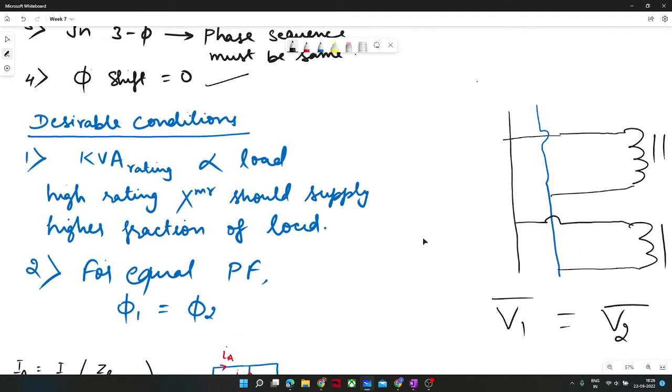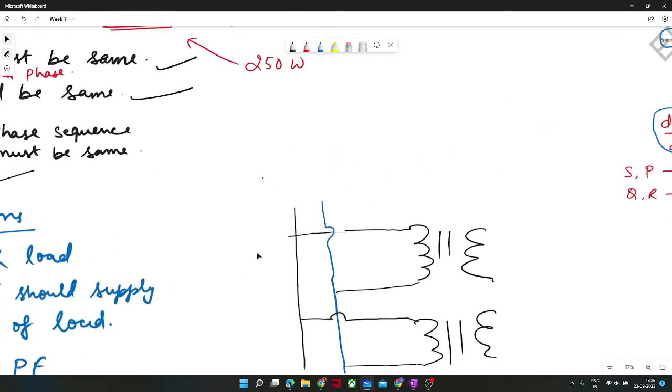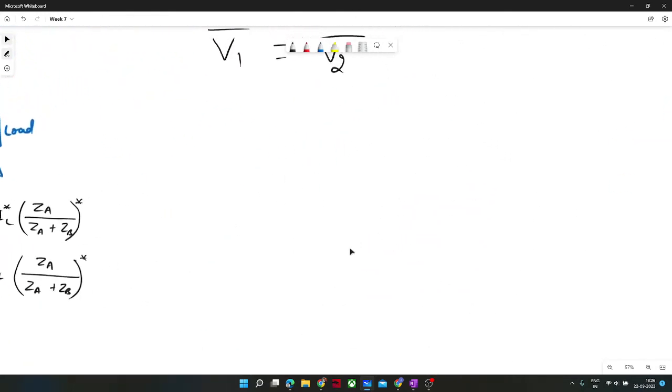The desirable condition is that the rating of the transformer should be directly proportional to the load. That's what I was trying to convey earlier. Whatever the load, the rating should be proportional to the load.